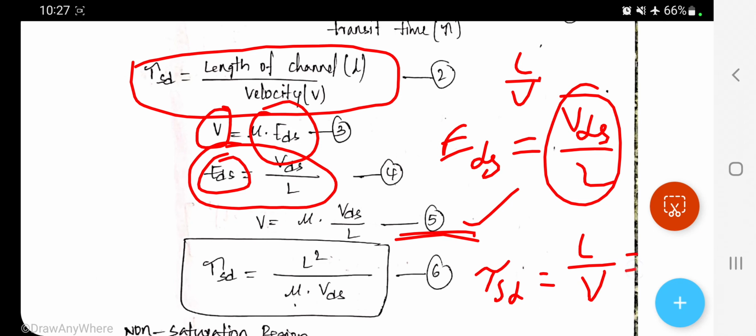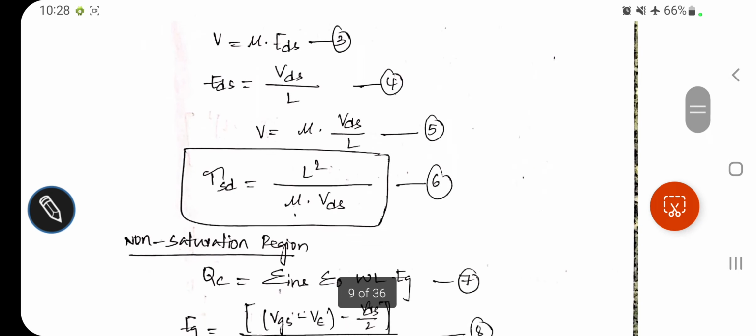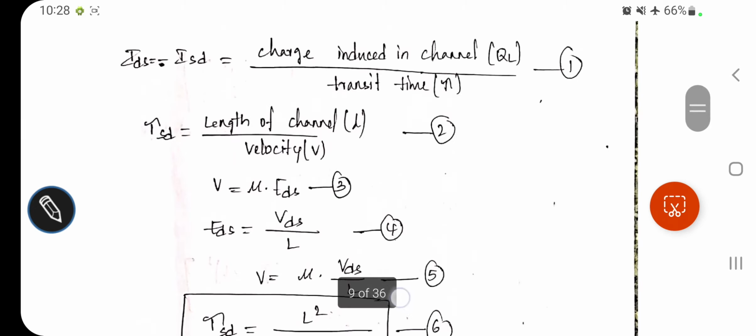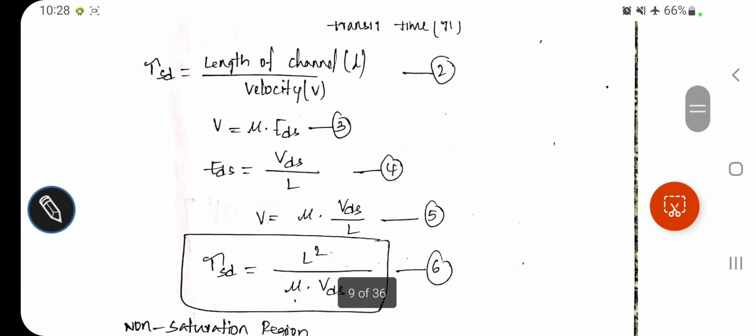We keep the length the same, and in the velocity we substitute mu into VDS by L. This L goes into the numerator and we get L square by mu VDS. So tau SD is L square by mu VDS. This is the first step of deriving the IDS equation. What we got is the denominator of IDS, the transit time tau SD equal to L square by mu VDS. Simple.